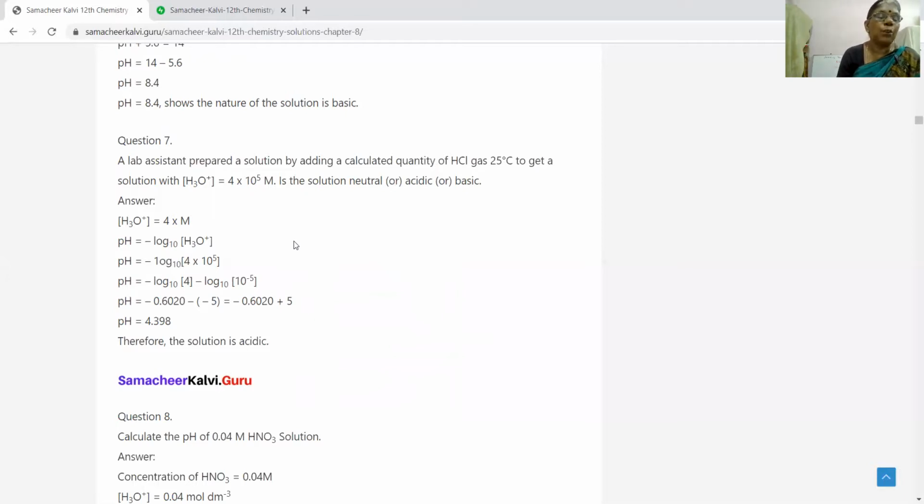The log value of 4 is 0.6020, and minus of minus 5 is converted into plus 5. So you will get minus 0.6020 plus 5, and the answer is 4.398. Here the pH value is less than 7, so the solution is acidic.